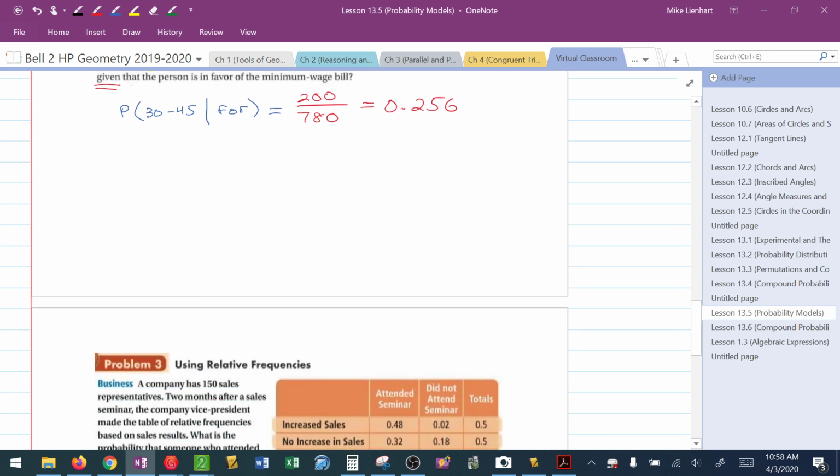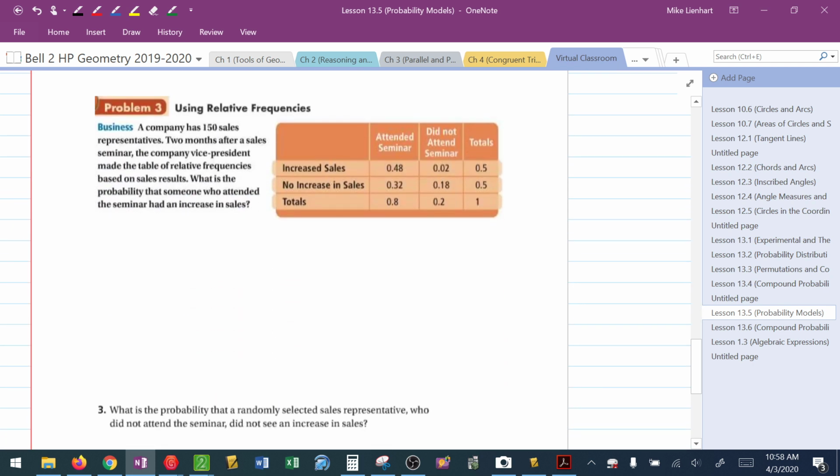Okay, our third scenario that we're going to look at is using something that is called relative frequencies. All right, notice how the table is very similar, but instead of them using actual numbers, they're giving us frequencies. A frequency is simply like a decimal or a fractional part. Okay? Now, the company has 150 sales representatives.